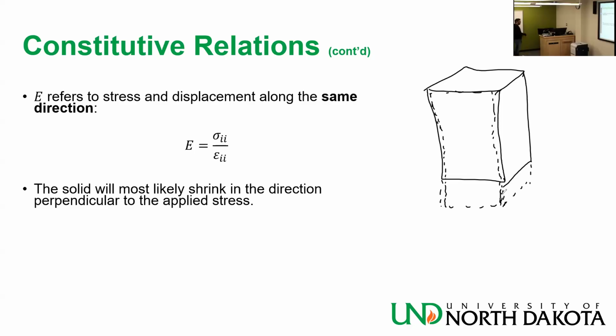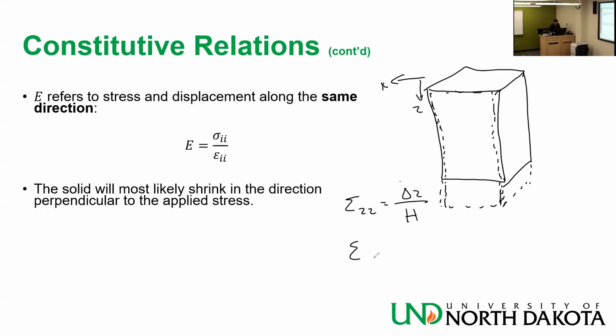Now let me talk about the strain in the z direction. It would be basically epsilon_zz, which is delta z divided by h. That's the strain, dimensionless. But let's just say that this was the x direction, and this was the z.